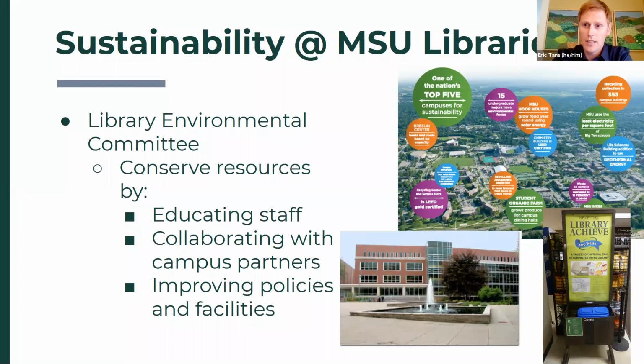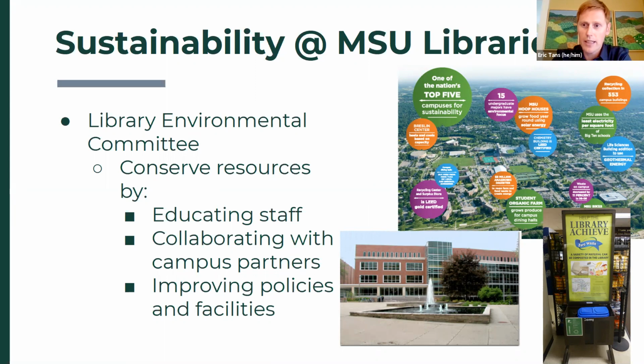The mission of that committee is to conserve resources through educating staff and collaborating with campus partners and improving library policies and facilities in order to improve the sustainability of the library. Now this committee, its initial iteration started in the early 1980s with recycling print newspapers and was one of the earliest sustainability initiatives on MSU's campus.